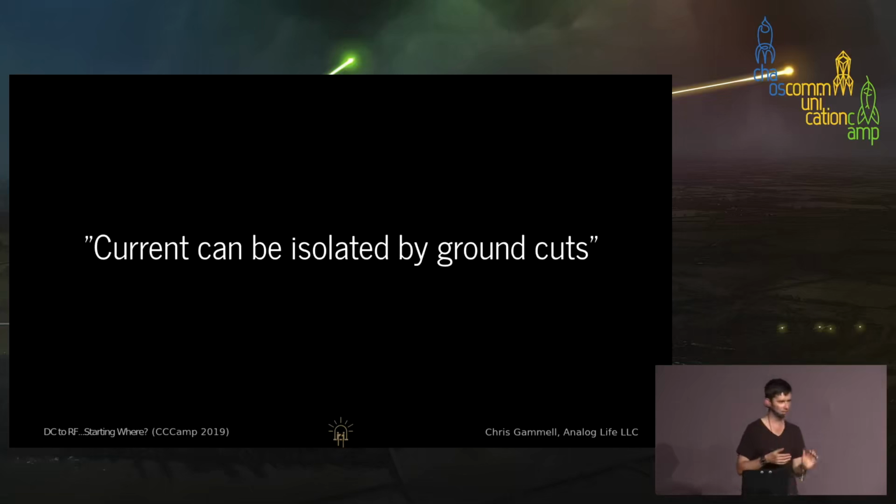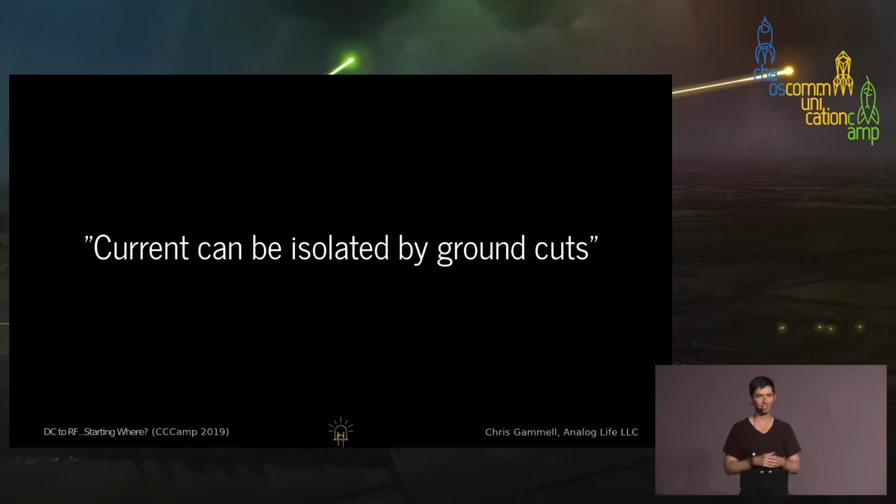This is kind of what inspired a lot of thinking for this talk as well. I was looking at how I would do layout for a really sensitive amplifier. Maybe you want to make sure that you have ground planes around it. That's fine, right? That's a lot of RF as well. But we would actually cut out around the different circuit elements, so you wouldn't have currents creeping into the circuit.